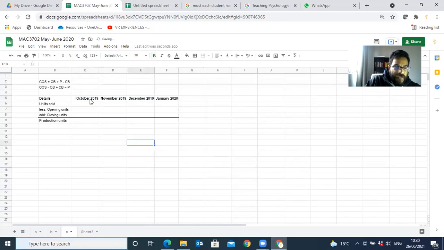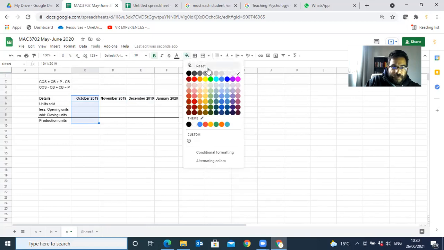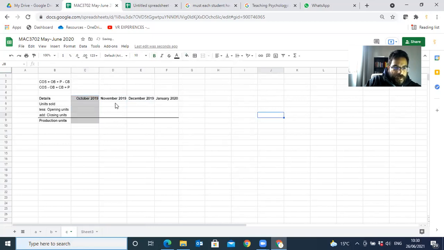So I'm just going to highlight it in gray. Okay, so remember, opening units is equal to the prior month's closing units. I made it negative, which is minus.